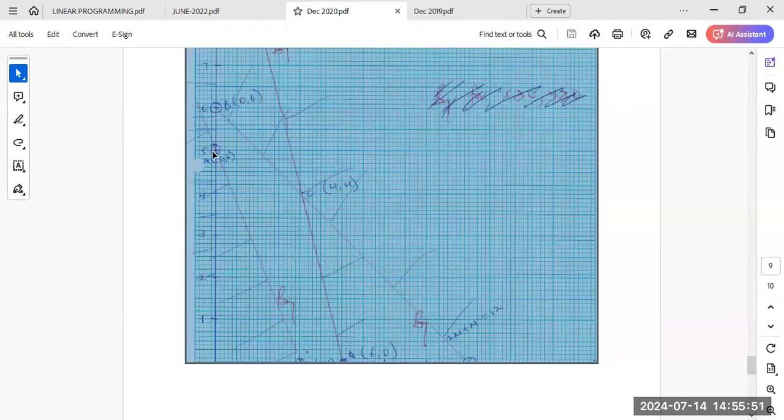Now, the next burden you have is to know at point A, what are the points that gave you that meeting point? Read X alongside Y. You start with X, then followed by Y. So this is 0, 5, isn't it? Then for B, the points that gave you point B is what?